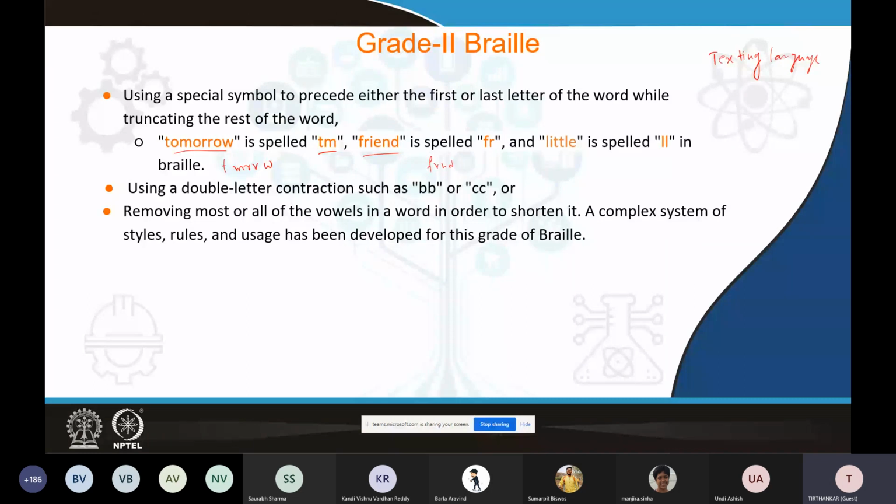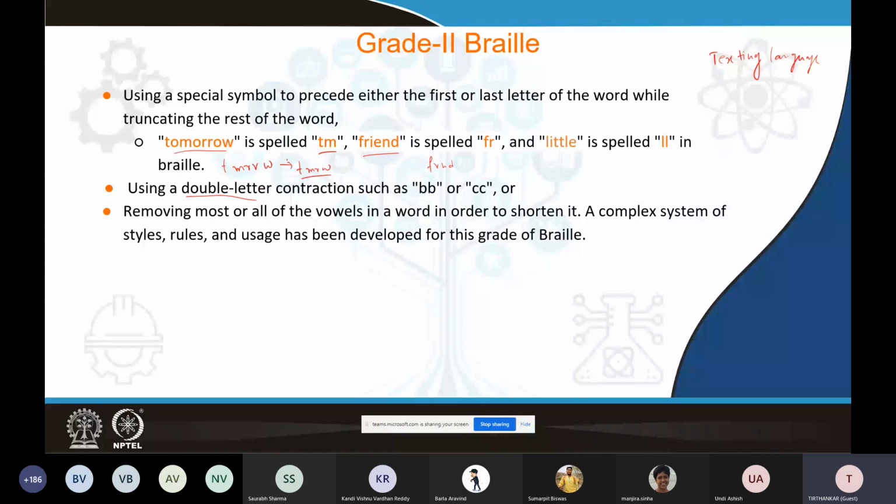Secondly, there are conventions that if you have a sequence of the same characters, which is called double letters, we can also replace them with a single letter. So tomorrow, since there are two consecutive R's, we can remove one of them and get TMRW, which is very frequently used as a contracted form of tomorrow, right?